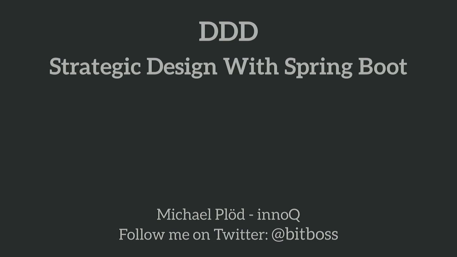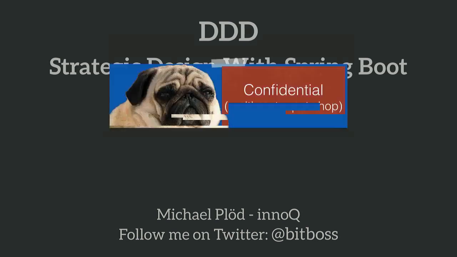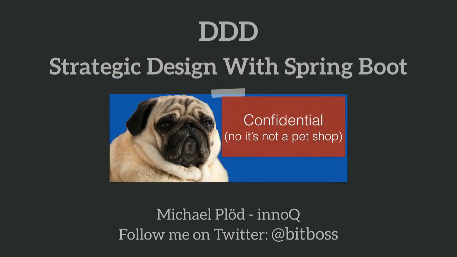And after that, we're going to take a look especially at the context mapping part over an example application landscape that has been written with Spring Boot. And it has to do something about this puck, who is a very, let's say, business-driven puck. And don't be afraid, I'm not going to show you another pet store or another pet shop with that example.